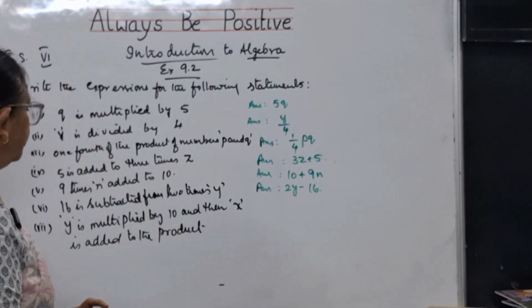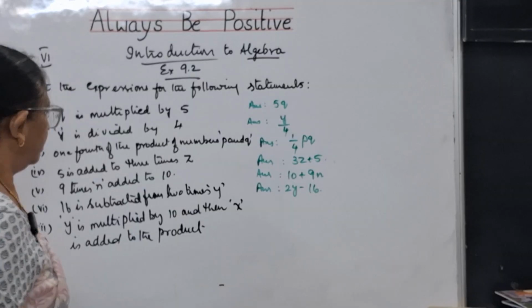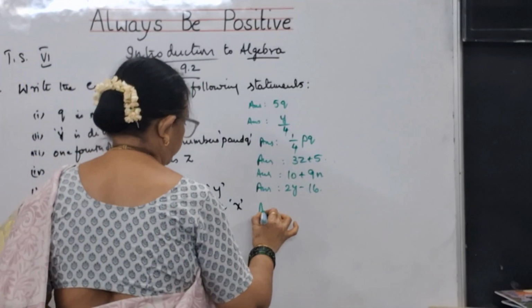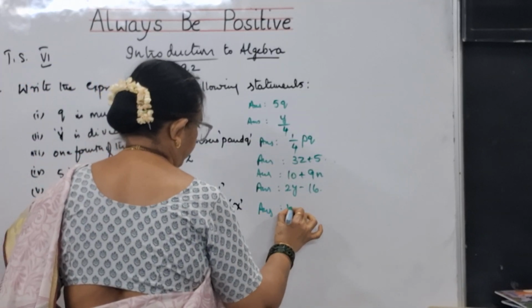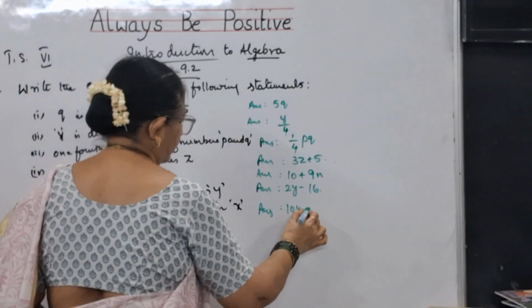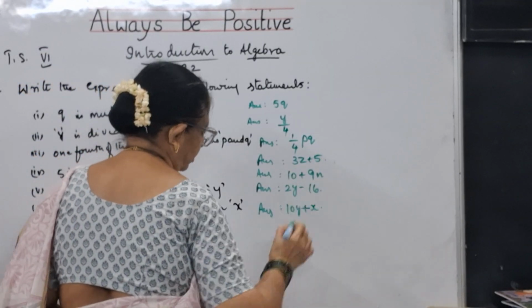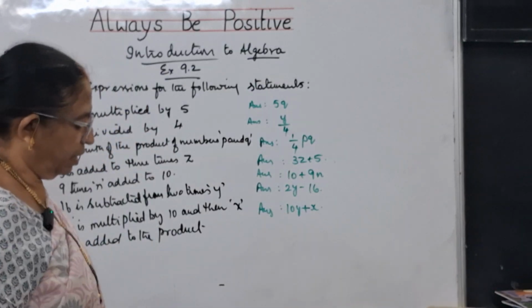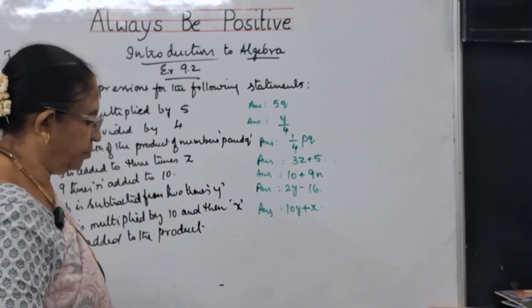What is this? Y is multiplied by 10 means it is 10y. And then x is added to the product. To this, x is added. These are the answers for the first bit, children.